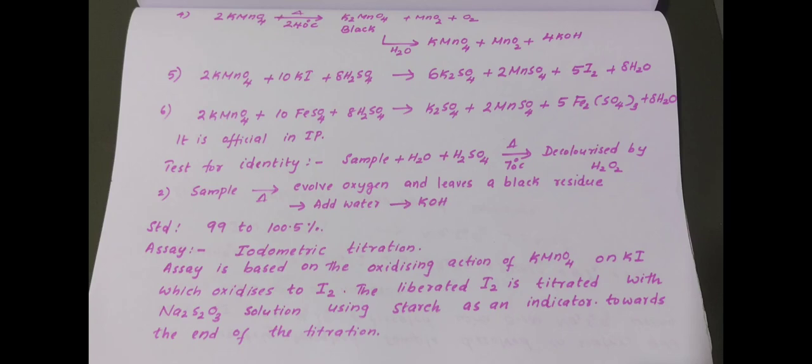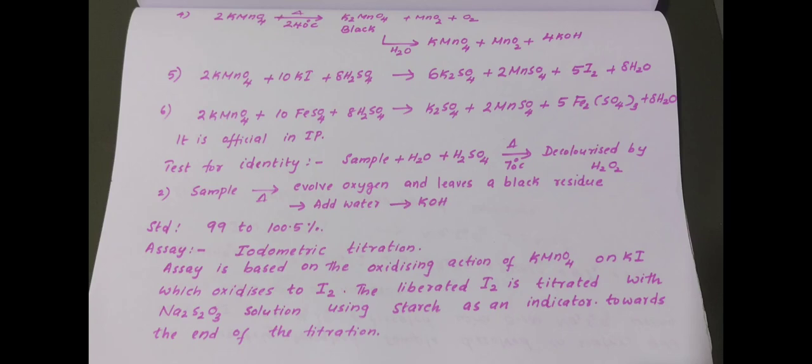Then next is the test for purity. Limit test for chloride, limit test for sulfate, water insoluble matter, then clarity and color of the solution. These are the tests for purity of potassium permanganate. Next we are going to discuss the assay of potassium permanganate.